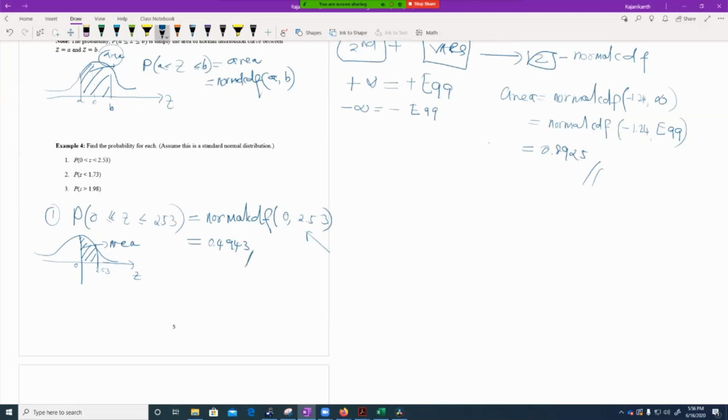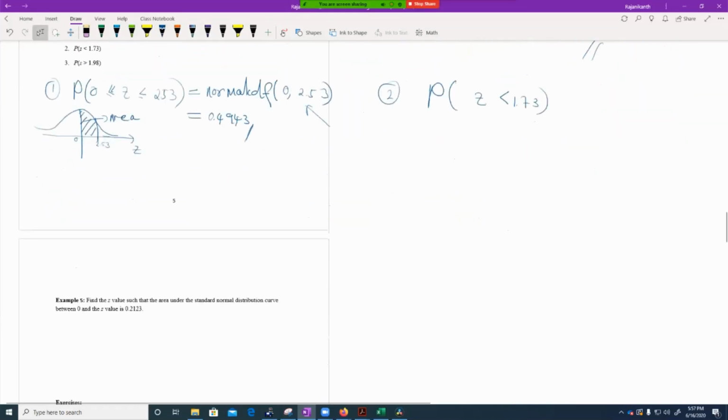Okay. Now look at number two. You are asked to find the probability of your z value being less than 1.73. First of all, draw the picture and find the corresponding area. First of all, draw the standard normal curve. Now, where is this region? This is 0. Your z value should be less than 1.73. 1.73 is a positive number, so it should be somewhere here.